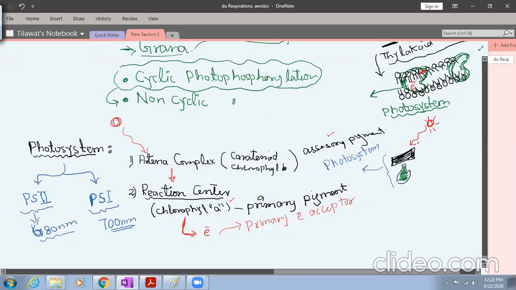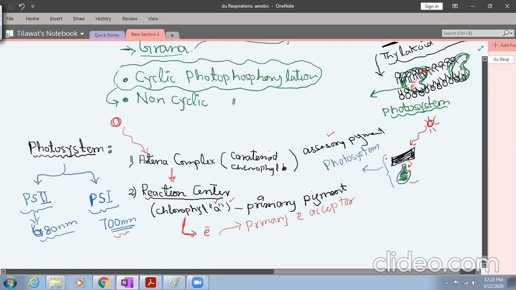When it absorbs, that light energy will reach the reaction center in the form of waves. The reaction center contains chlorophyll A, which will absorb 700 or 680 nanometer light, depending on which photosystem it is.